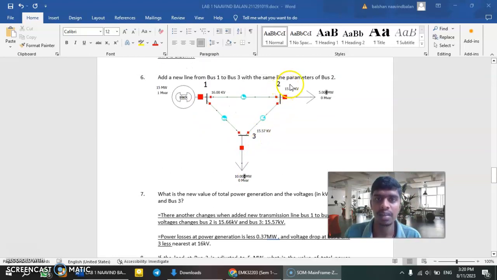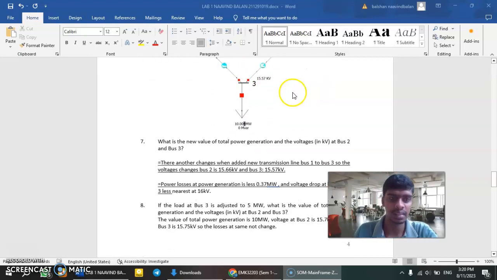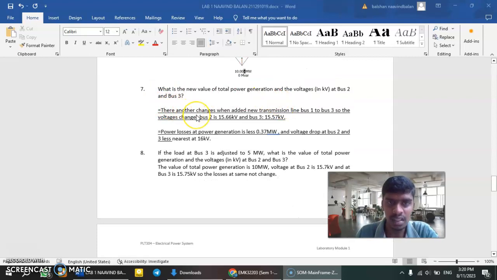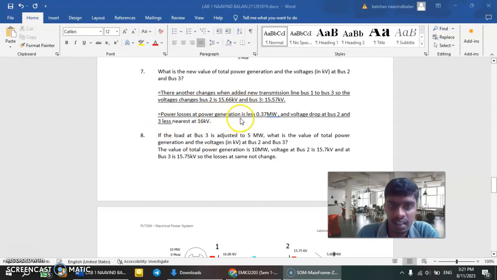The loss is reduced once we connect bus 1 to bus 3. If we connect 1 to 2 and 2 to 3 only, it will be larger. With the new transmission line added between bus 1 and bus 3, the voltage at bus 2 is 15.66 kilowatt and bus 3 is 15.57 kilowatts, and the power losses at the generation are less than 0.37 megawatt. The voltage at bus 2 and bus 3 is nearly 16 kilowatt.